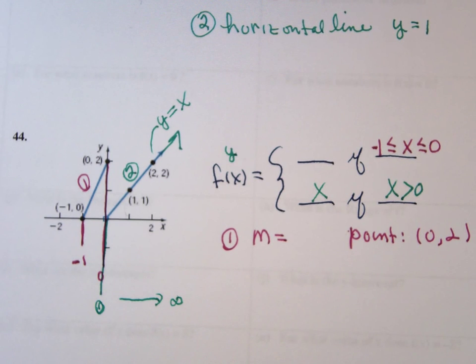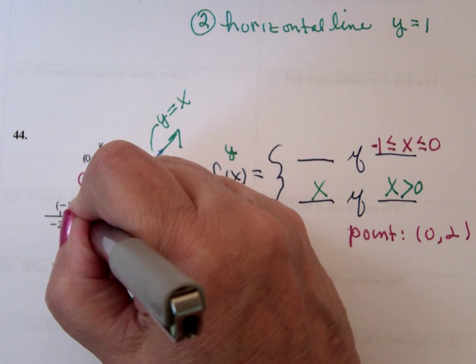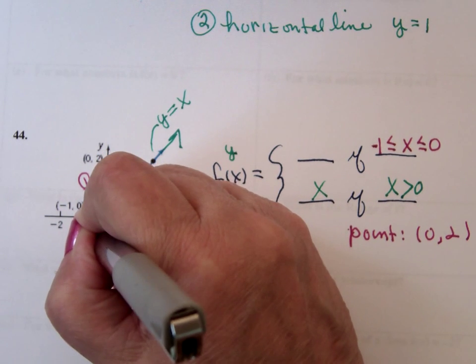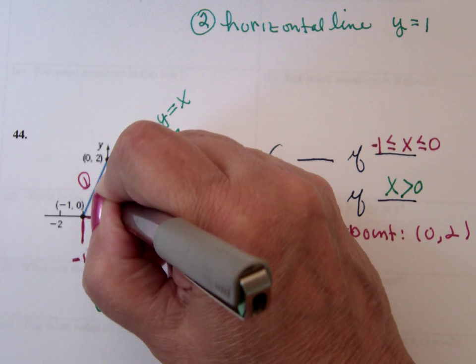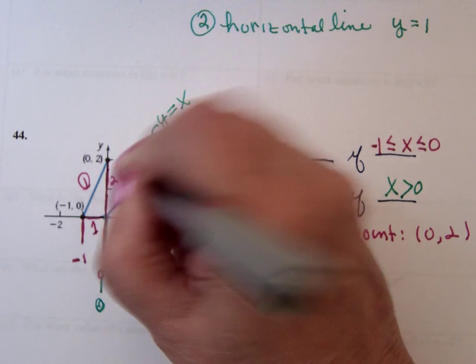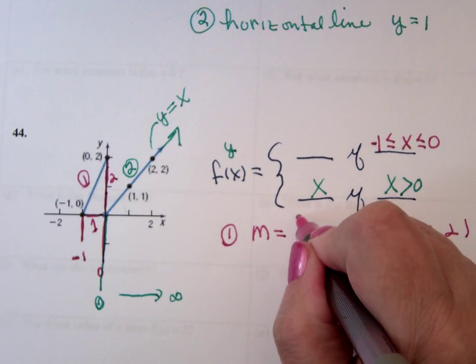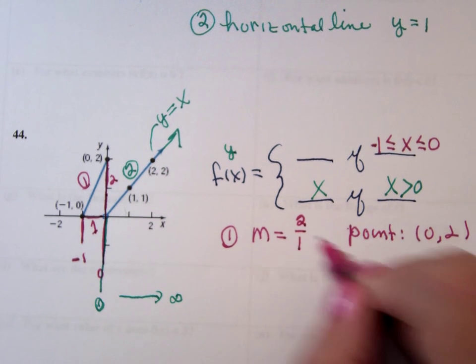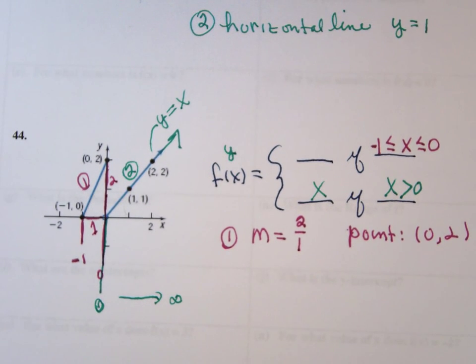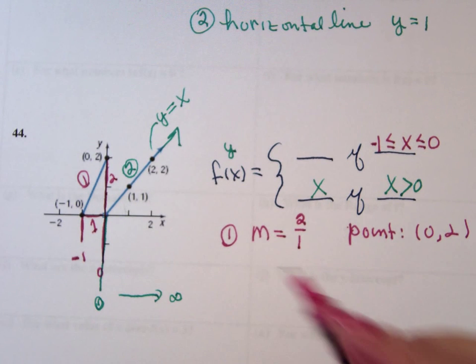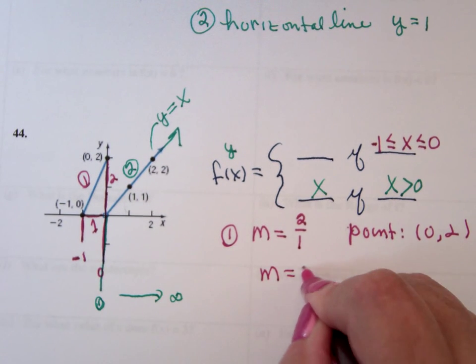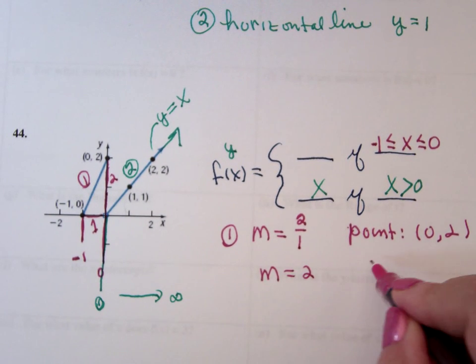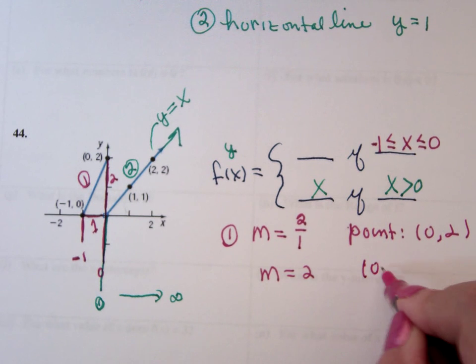So that says I go over 1, I go up 1, 2. So rise over run is 2 over 1. I have a slope of 2. And I have the point, which is 0, 2.